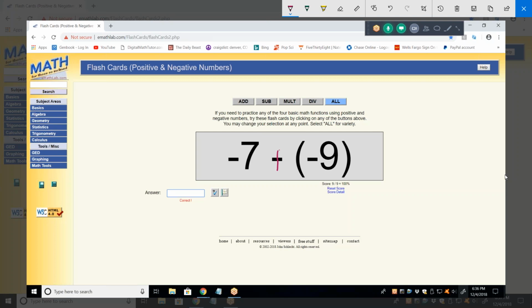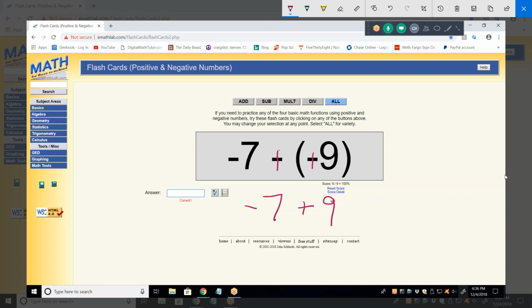And then what do I have to do because I did that? Change -9 into +9. Okay. Now the problem is I've got two positives together, so I know that's just the same as one positive. So it's like that. Okay. And then what's the answer to that? Not -2.